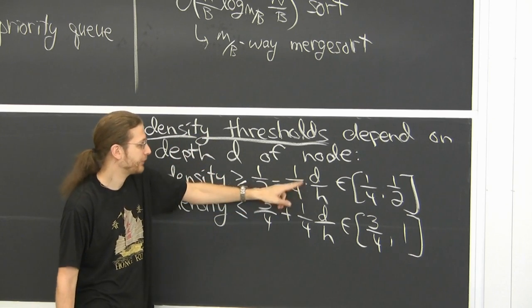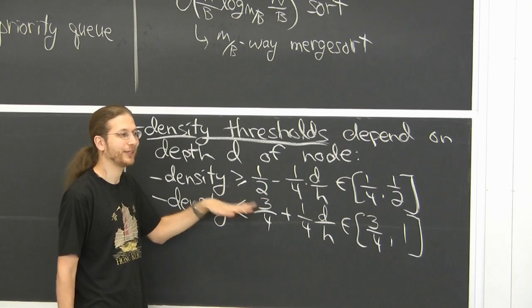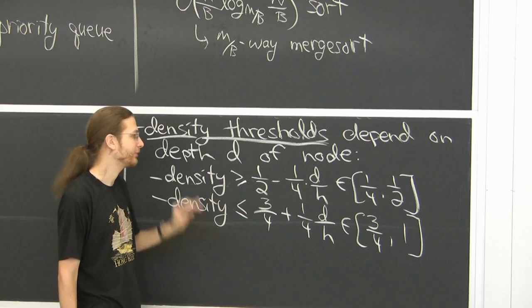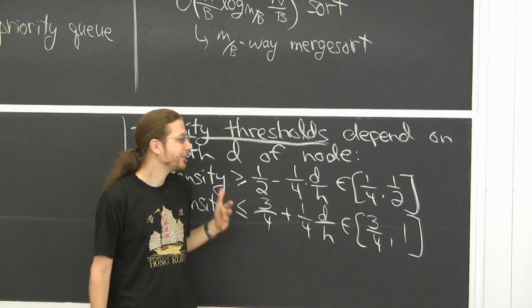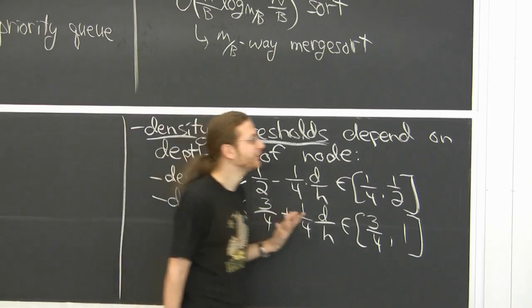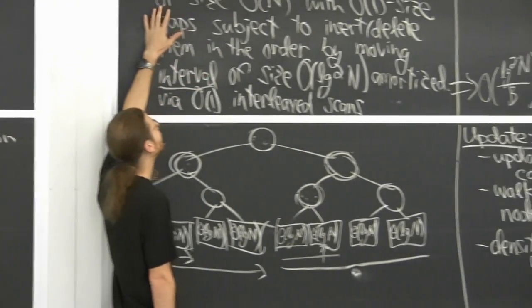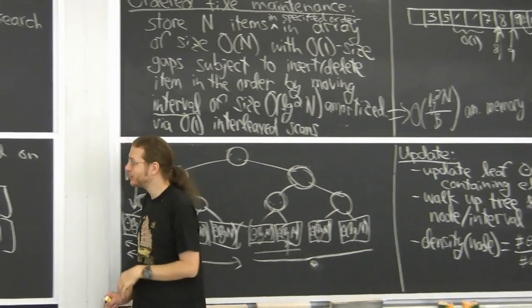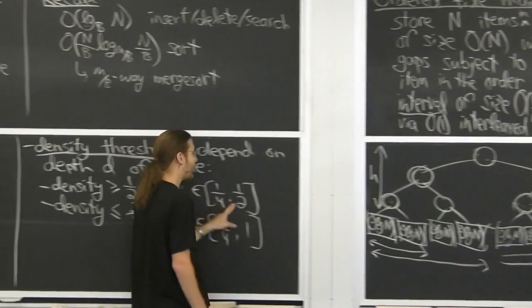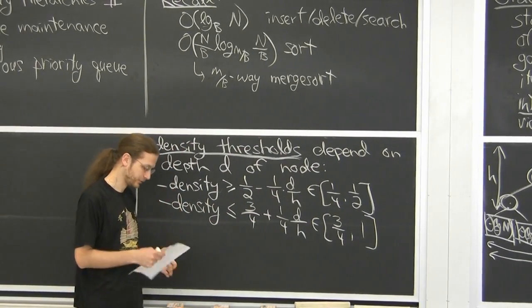And we do it just sort of in the obvious linear interpolation way. The not so obvious thing is that this is the right way to do it. There's a lot of choices for how to set these density thresholds, but we have to basically maintain constant density everywhere because we're trying to maintain gaps of constant size. So we don't have a lot of flexibility, but it turns out this flexibility between two constants, like 1/4 and 1/2, is enough to give us the performance we need.